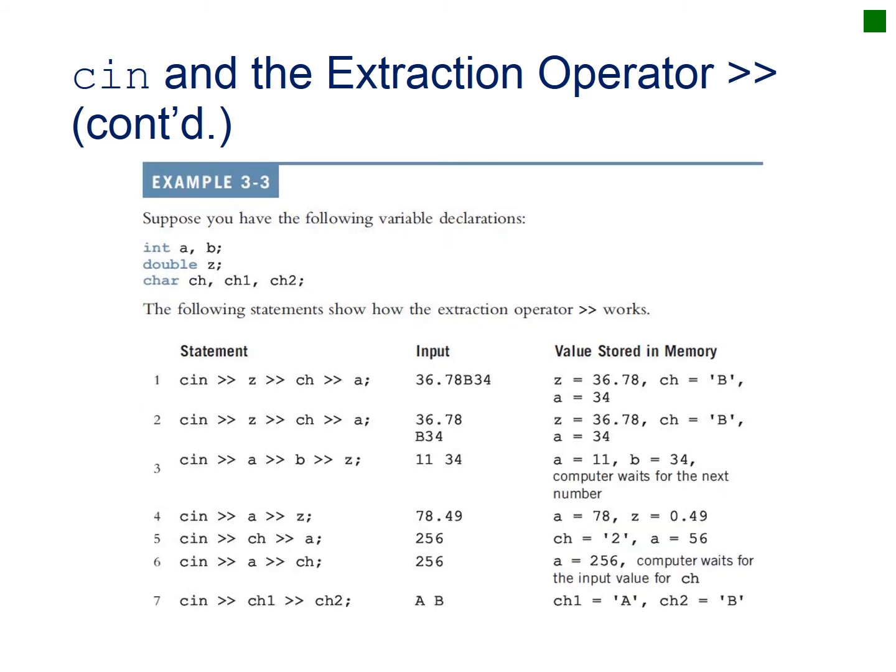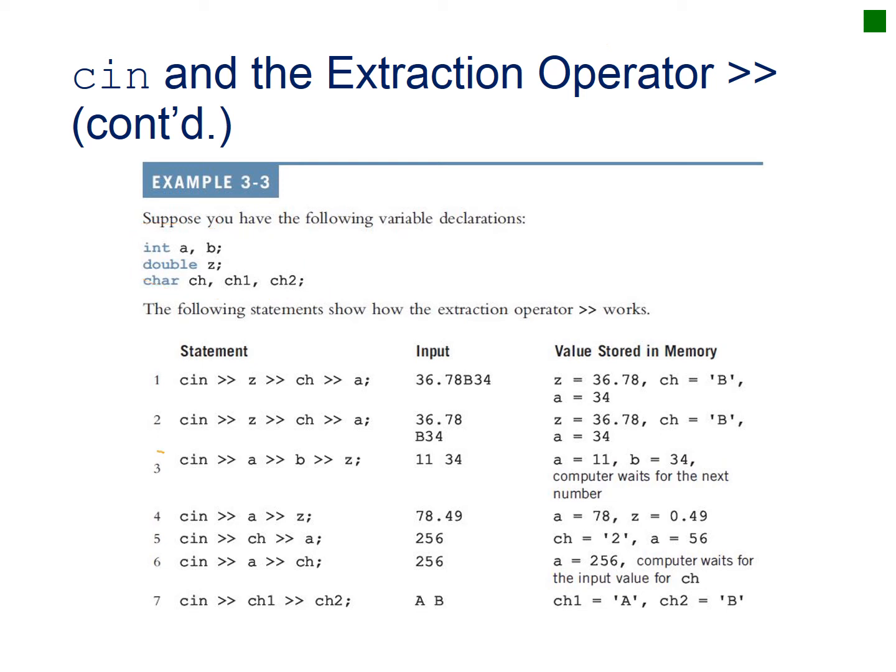Continuing with our examples. Example 3-3 gives us the following declarations. The variables A and B are of integer type, the variable Z is of double type, and the variables CH, CH1, and CH2 are of character type.